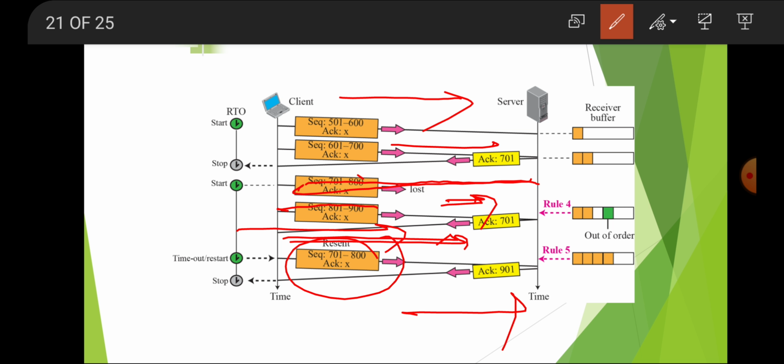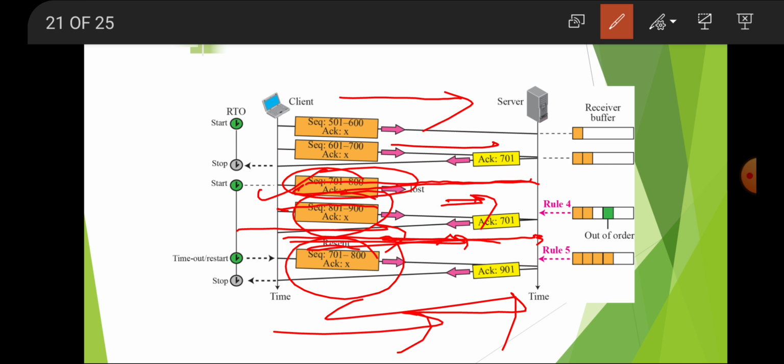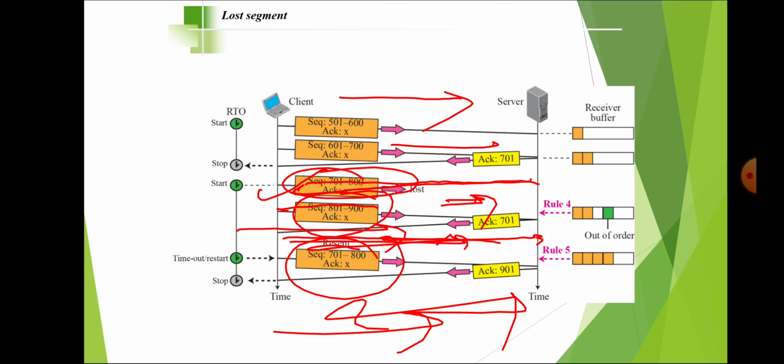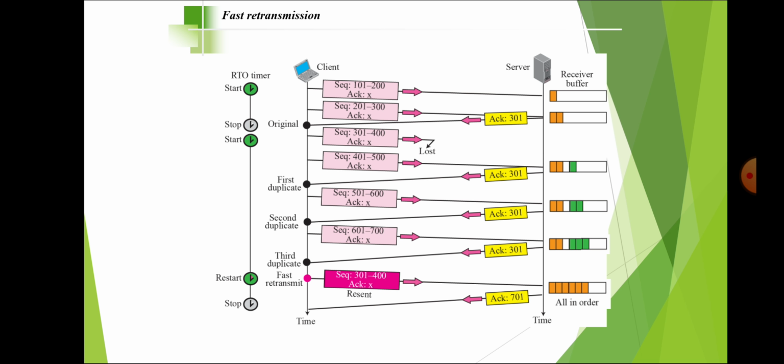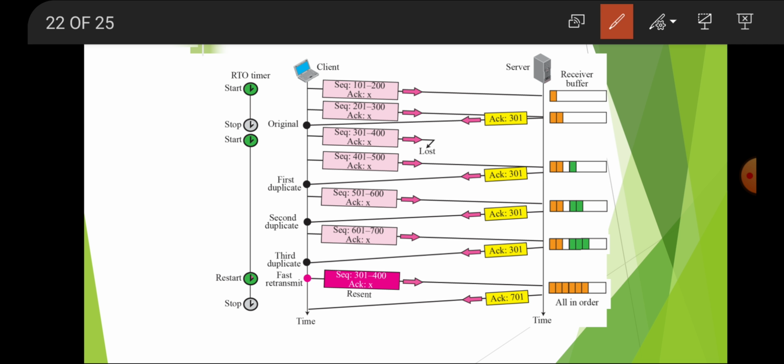So here there is a loss of a packet, so it sends the next data and receives the acknowledgement of 801 to 900. It has not received the acknowledgement of the earlier one, so it resends the packet, and then receives the acknowledgement. This is the lost segment case. Now fast retransmission. In fast retransmission, the client and receiver keep sending data and receiving acknowledgements.